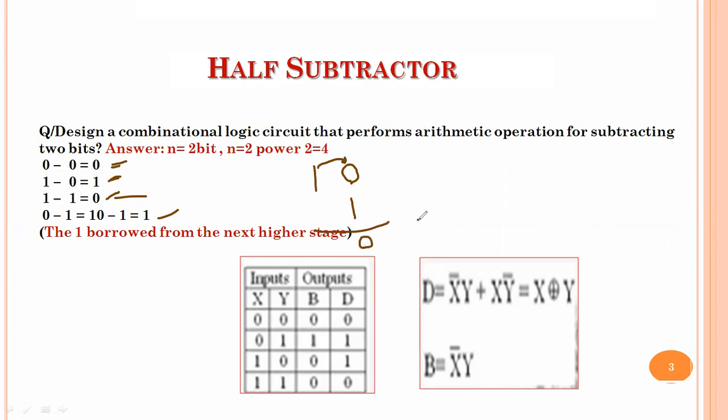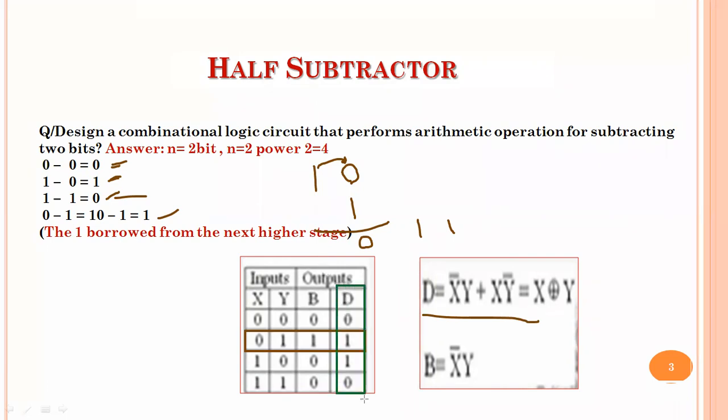So difference is 1 and borrow is also 1. So the equation of difference will become like here.